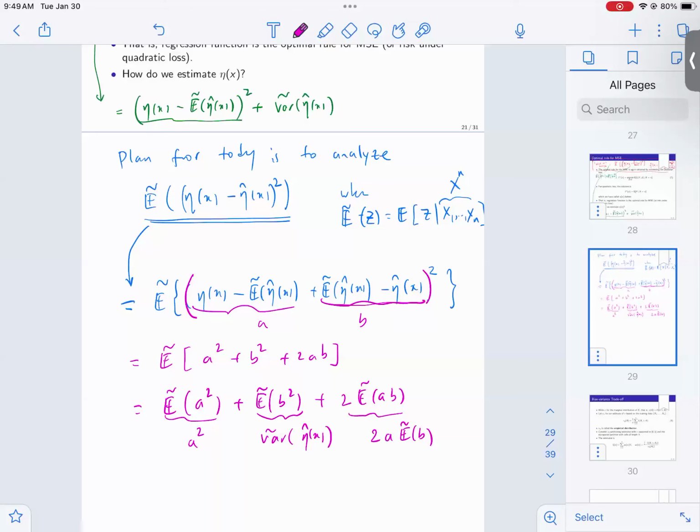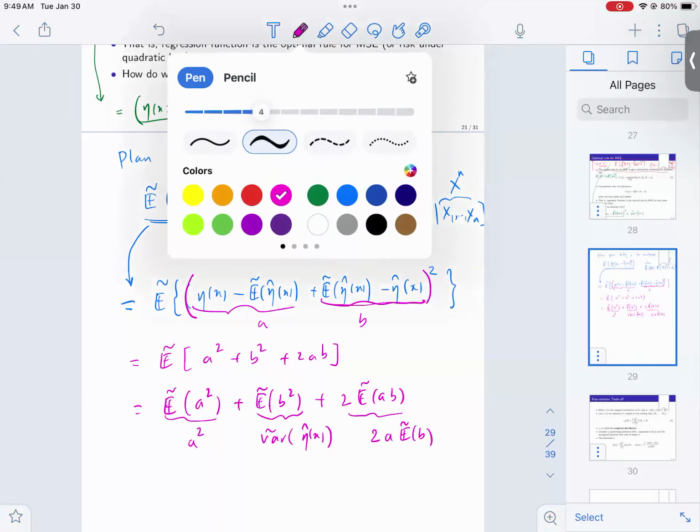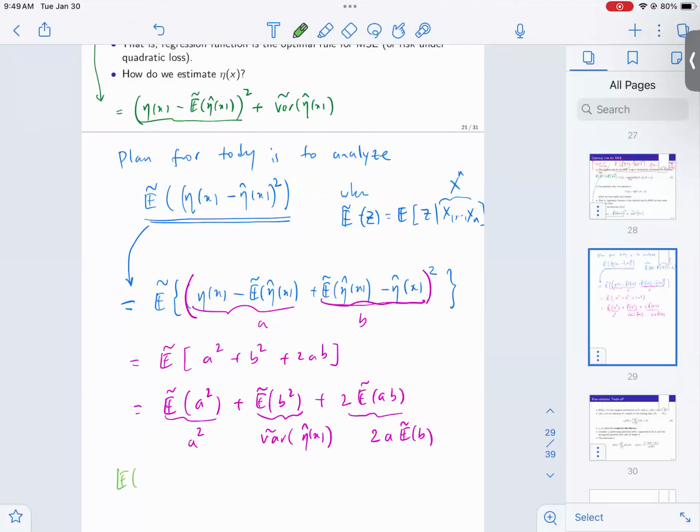Zero. Why? Expectation of eta hat x. If you look at the expectation of this, by linearity, the first term comes out, which is the expectation of eta hat x minus the expectation of eta hat x.